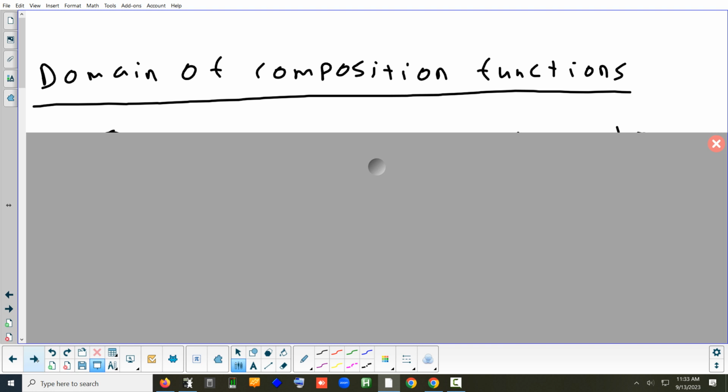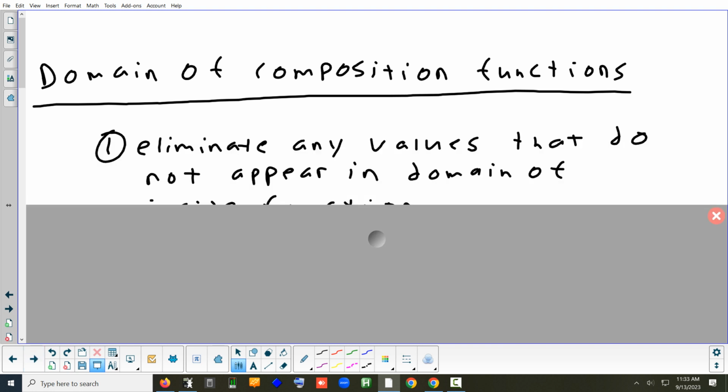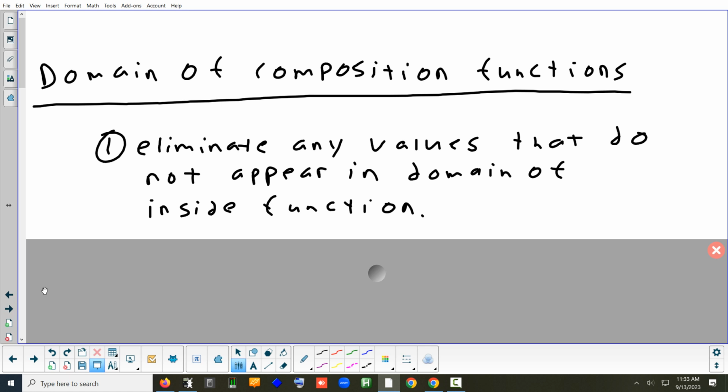So how do you find the domain when you compose two functions together? Well, it's 2 steps. First, in my head, I think, okay, the domain is all real numbers. I start with that. And then, from that, I eliminate any values that do not appear in the domain of the inside function. So it's kind of like a filter.